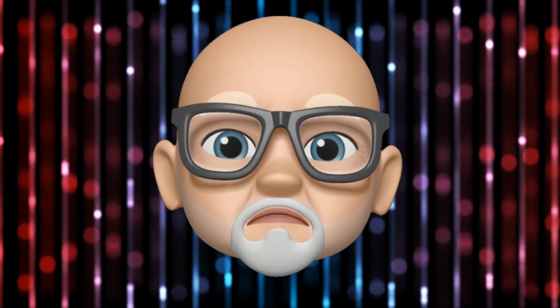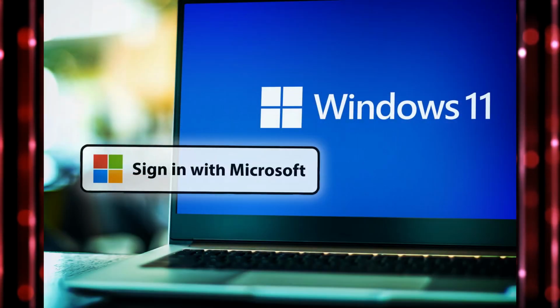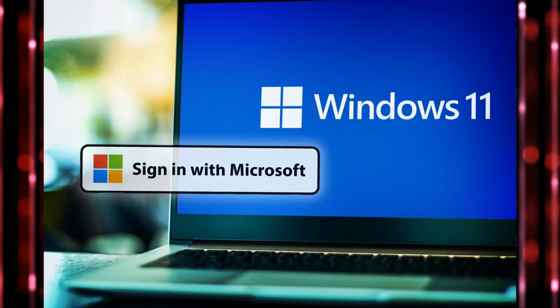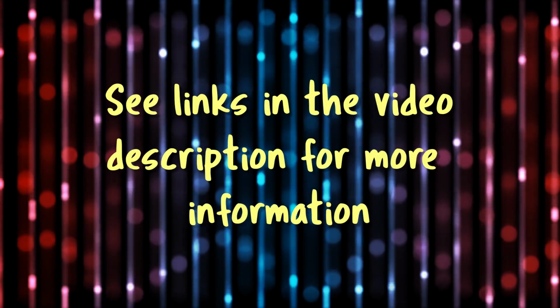So one of the latest things they're doing that brought this back to my attention again: there are several ways to bypass Microsoft's insistence on using a Microsoft account with Windows. There are several reasons why you would or would not want to use a Microsoft account with Windows. I'm not going to go particularly into them here.